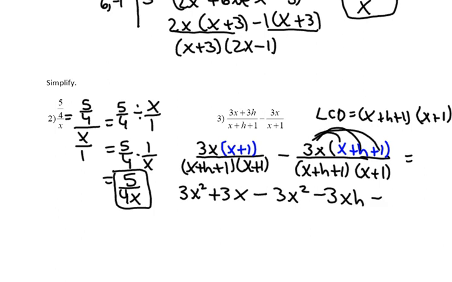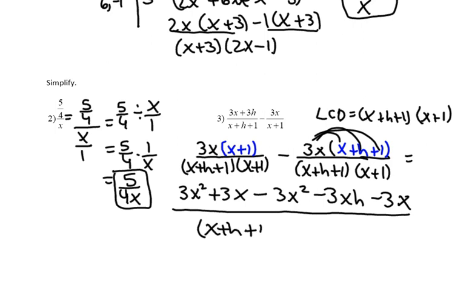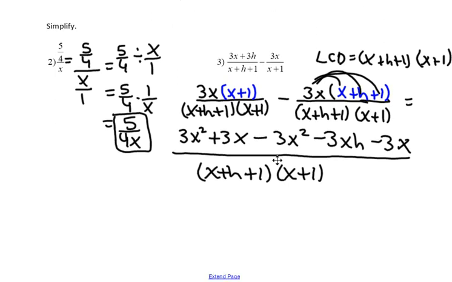And here it's minus 3x, all over the same denominator. Now, what can I do? I can subtract out common terms. Notice 3x squared and minus 3x squared is 0. So I will show that these subtract out.